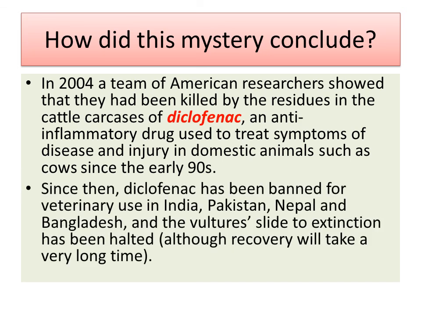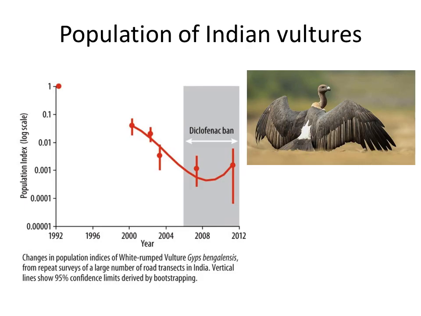So since then, diclofenac is now banned for veterinary use in India, Pakistan, Nepal and Bangladesh, and this has actually reduced the decline of the vultures, although recovery is going to take a lot longer. So we can see there a little bit of data on the numbers, and you can see that the population has been going down and down until about 2008.